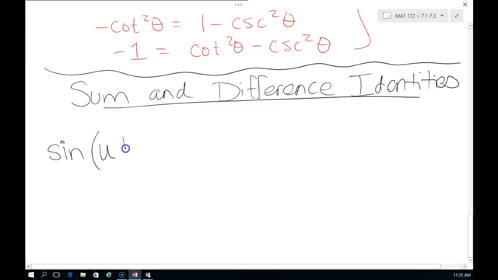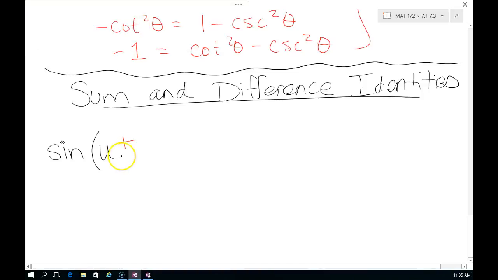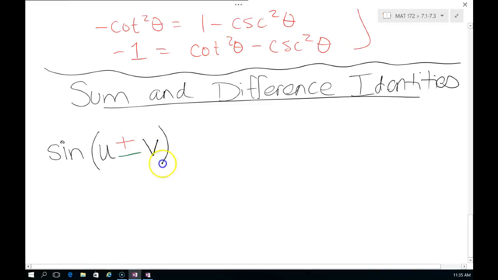So if you are asked to either add or subtract inside of the angle of a trig function, you cannot simply do the trig value for each of them. That would be like distributing the trig value. You can only distribute for linear functions. So think about this. If there was a square outside the parentheses, you would not be allowed to distribute.